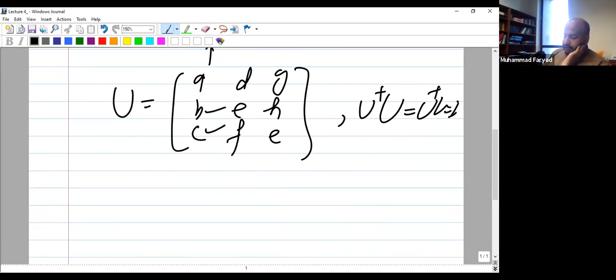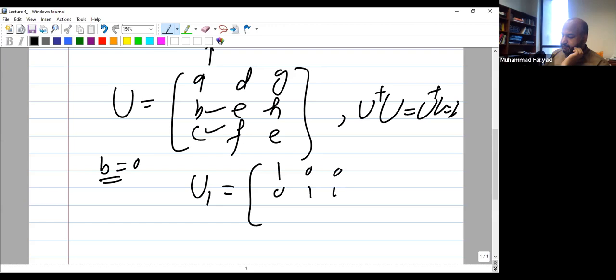So for that, suppose B is 0 already. If B is 0 already, what we can do is take a unitary matrix U1, which is actually an identity, because it will do nothing.